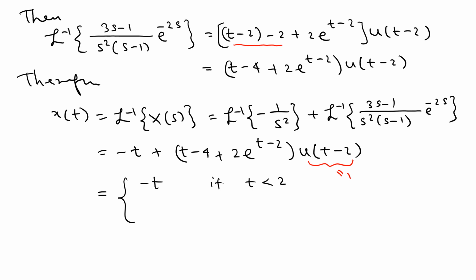So that means you can simplify these two. In that case, the negative t and positive t get cancelled. So you simply end up with 2e to the t minus 2, minus 4, if t is greater than or equal to 2. So that's the final answer.